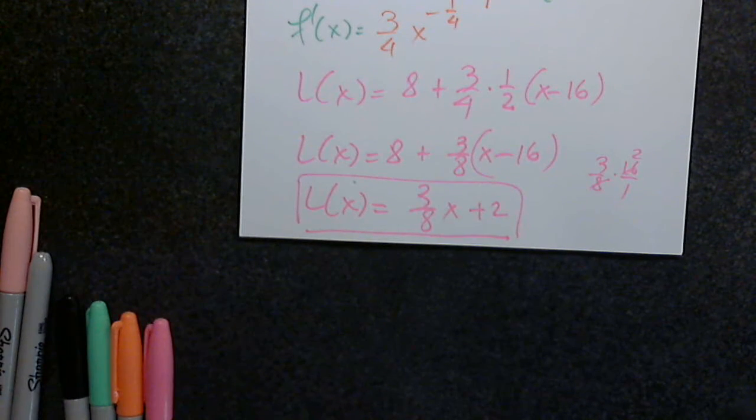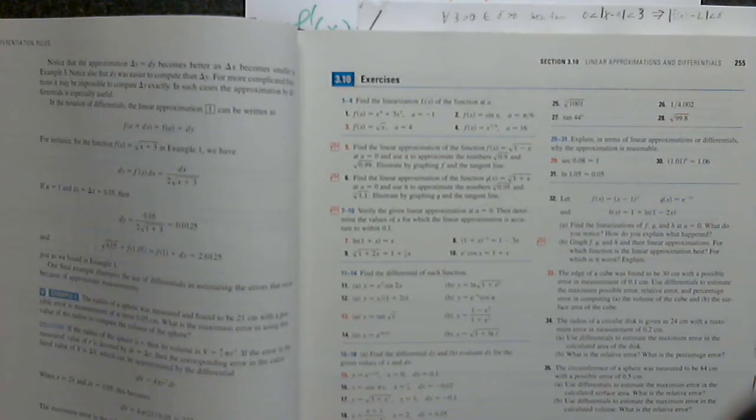Would you like to choose another linearization? Would you like to go back to logarithmic differentiation, implicit differentiation, the chain rule, product rule, quotient rule, anything from related rates, anything that we looked at?